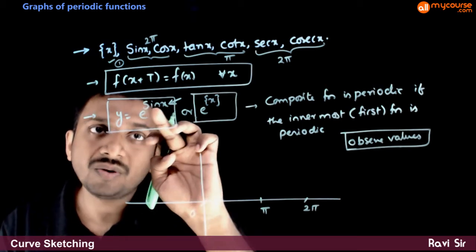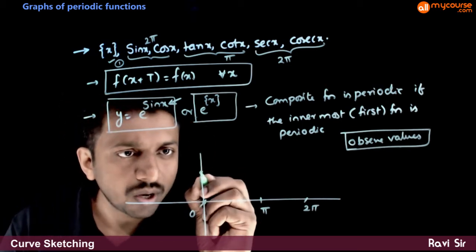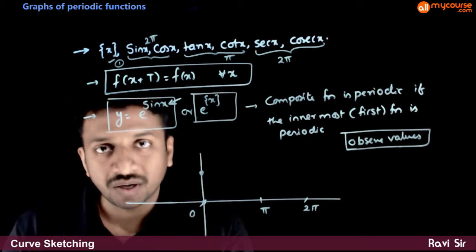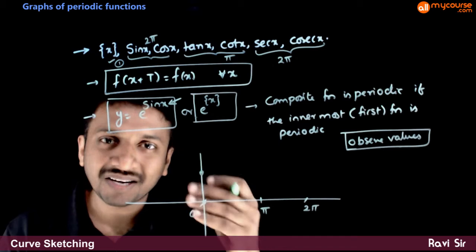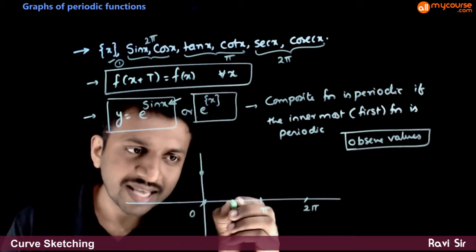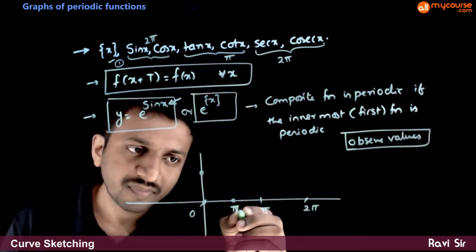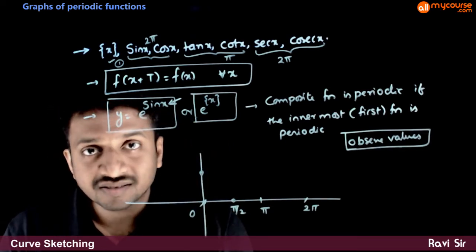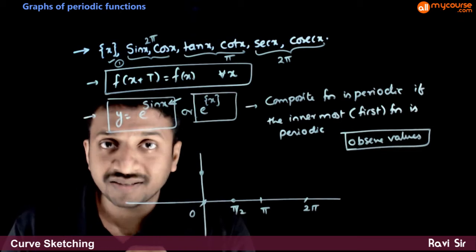So y is equal to e power 0, which is equal to 1. When x is equal to 0, y is equal to 1. As we know, as x increases, the value of sin x increases, and as the value of sin x increases, the value of e power sin x also increases.